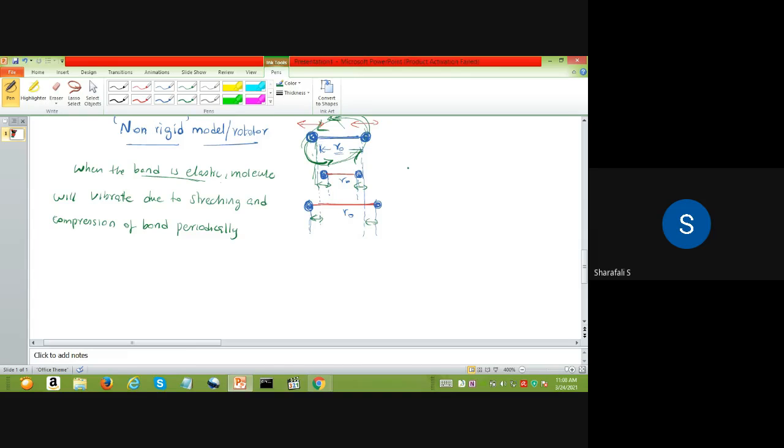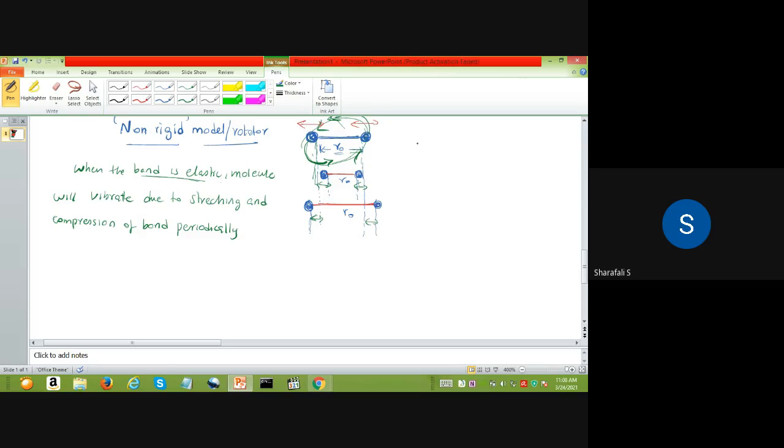Suppose when it is compressing, it goes to some different value, and when it is in the stretching mode, on that side it goes in a different manner, then it is called anharmonic vibration.